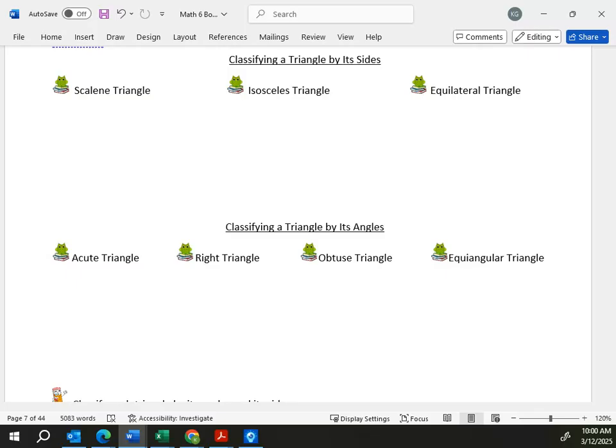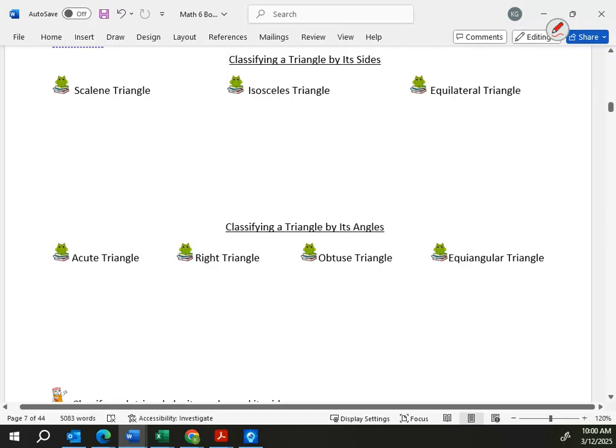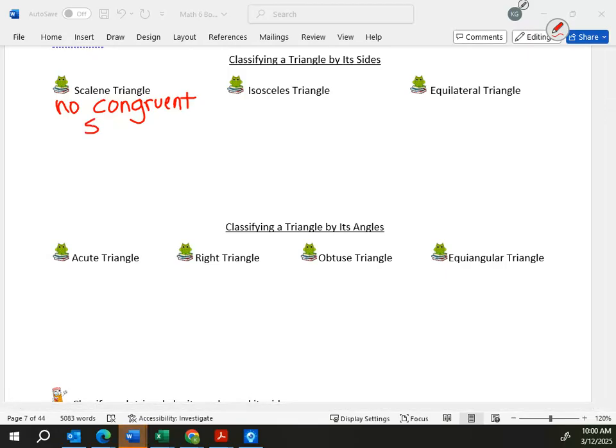The triangle side lengths are all different. So it has no congruent sides. Remember, congruent means the same. It has no congruent sides. So all three sides have different measures.